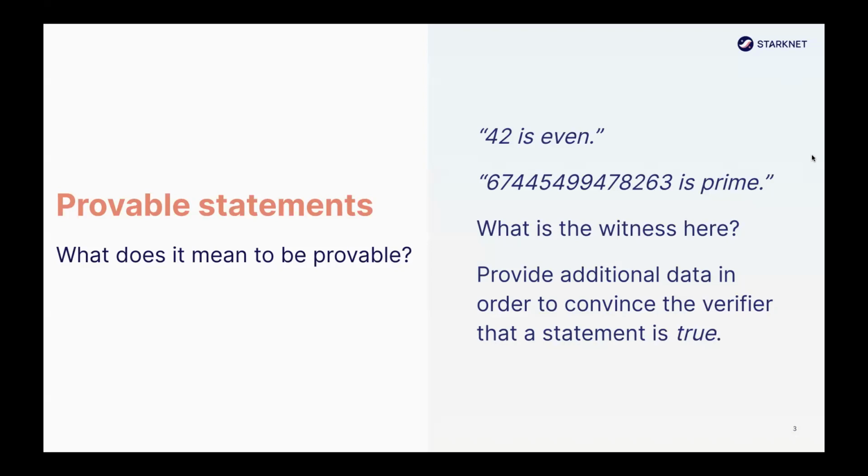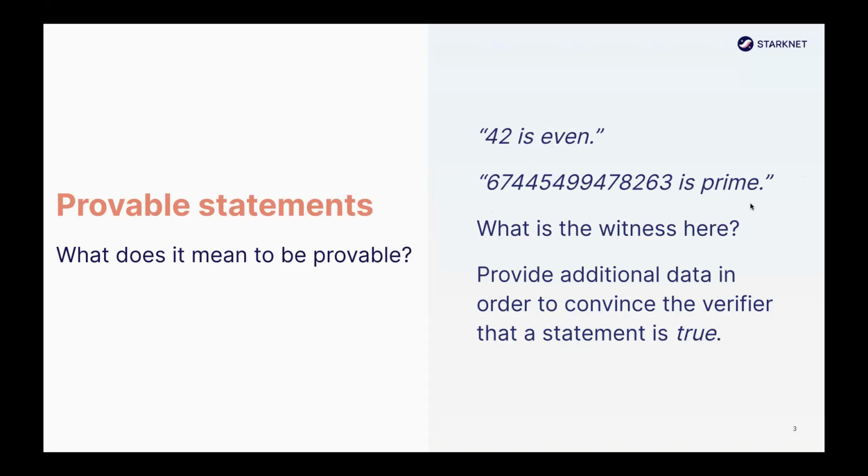So first and foremost, it's important to understand that a provable statement is quite a simple idea in its essence. Yeah, it's when you have a mathematical statement of some equality or some property, such as, the number 42 is even, or this big number is prime. And how are we able to say that this is true or not? So here, because the property is simple, we can look at the last digit of this number and we know it's even. But here, it's not immediately obvious whether we can factor it or not.